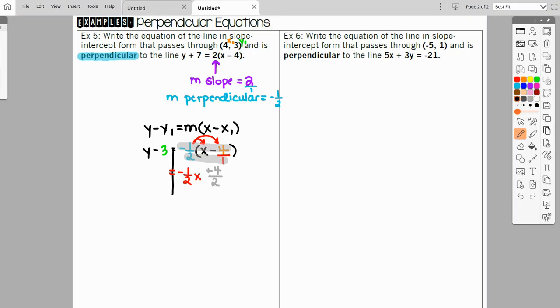From here, I just simplify that fraction, which is going to go ahead and be 4 divided by 2, that's 2. I bring down everything else in the problem before I get y by itself. It's a negative 3 next to y, so I'm going to add 3, and I get my final answer of the perpendicular line through the point, that the answer is y equals negative 1/2 x plus 5.